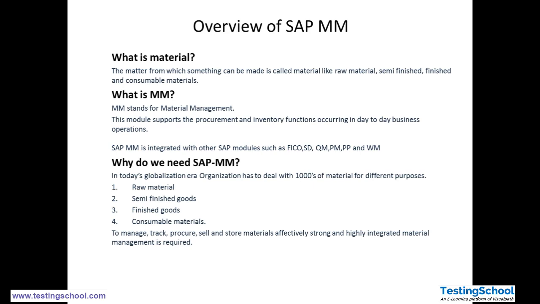Without these, normal functioning cannot proceed. To manage this efficiently, to understand what cost is being incurred, where the company is losing money, and how to optimize overall production planning and procurement, we require material management. And that is why SAP came up with the idea of making SAP MM a module.